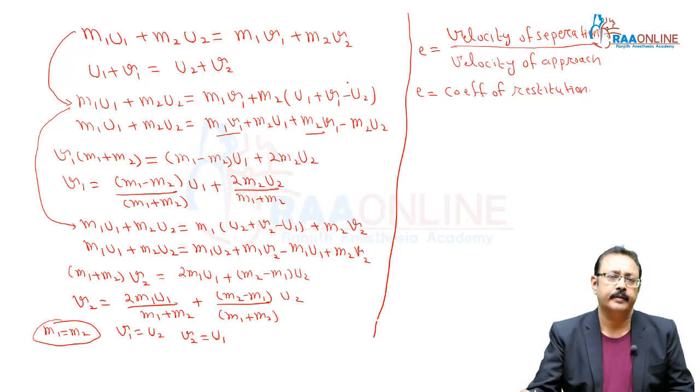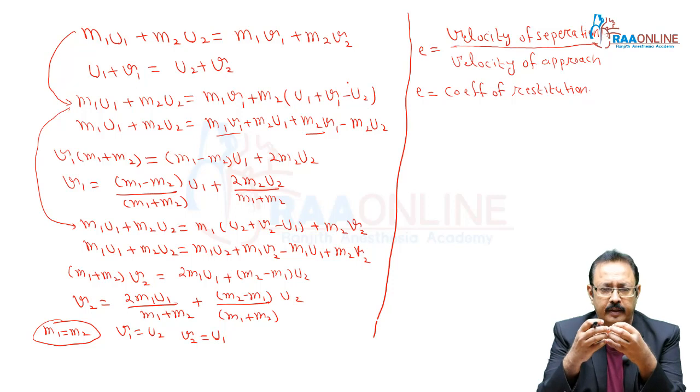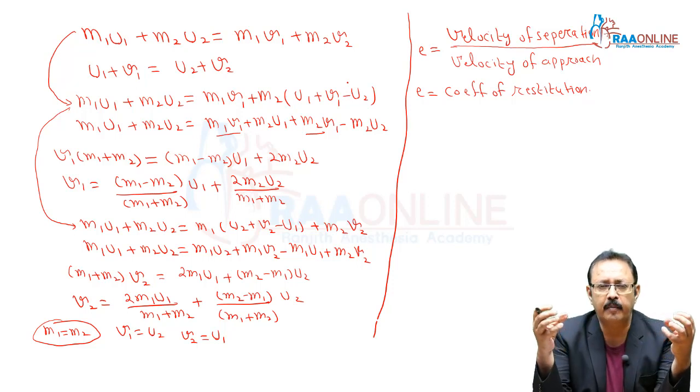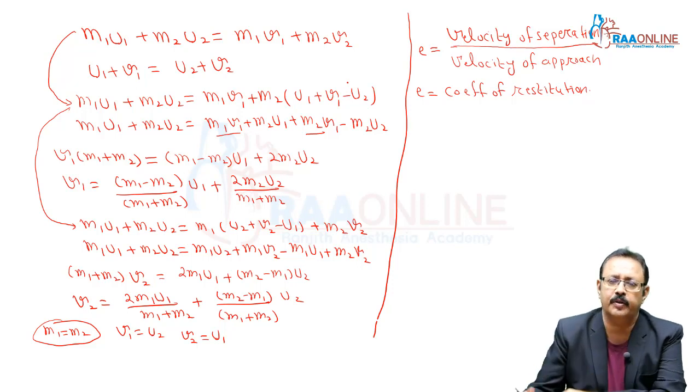What will happen in a perfectly inelastic collision? M1 and M2 both will stick. It means velocity of separation will become 0.